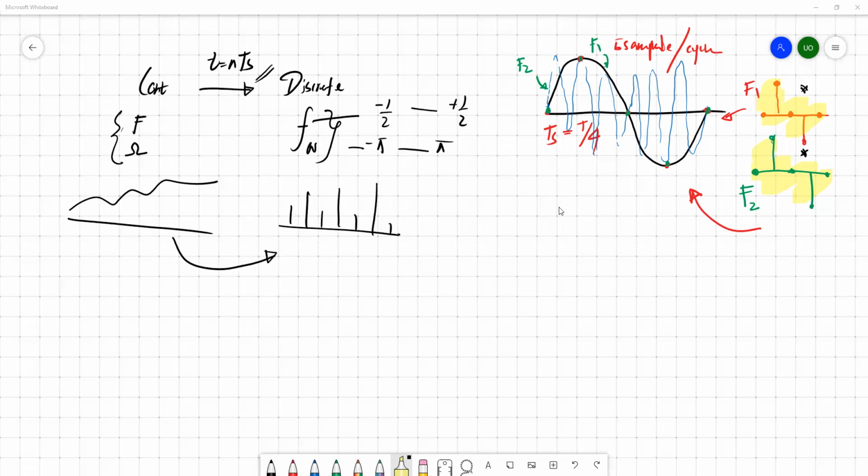So what we clearly identify here is that the range of these continuous domain quantities is between minus infinity and plus infinity. We basically pack those frequencies into a range of values between minus half and plus half.